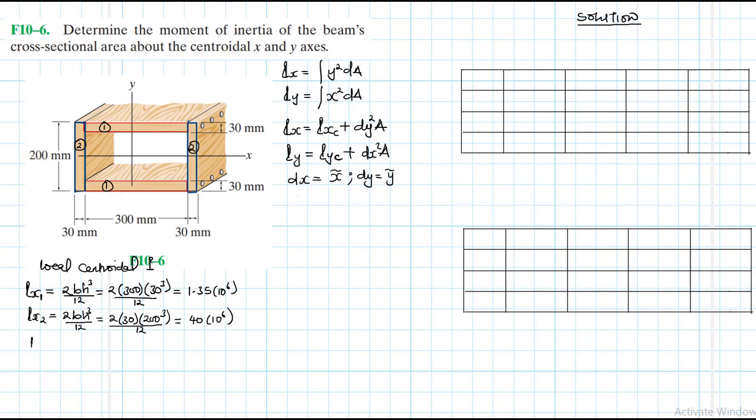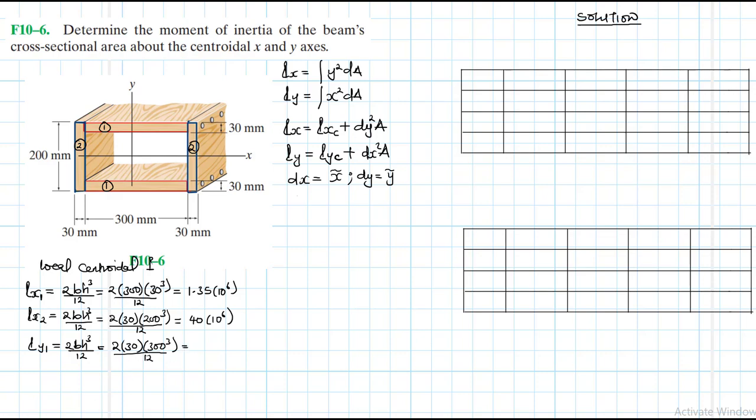Great. And then moment of inertia about the y-axis, centroidal. For part 1, again there are 2. This is a rectangle, bh cubed divided by 12. So we have 2 times, what's our b? With respect to the y-axis, our b is 30, and our h is 300, so 300 to the power 3, divided by 12.